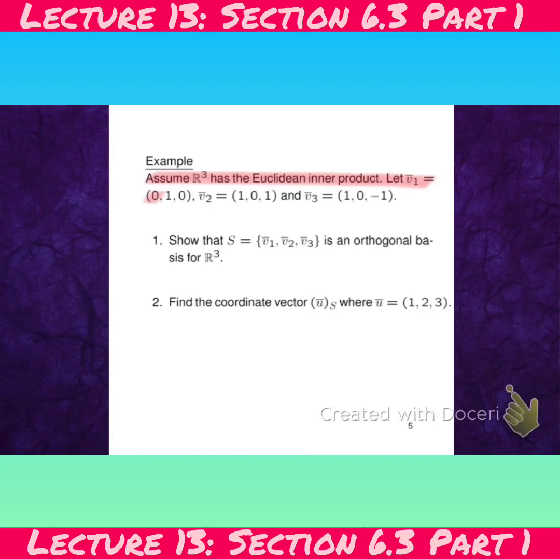We're asked to show that the vectors v1, v2, and v3 in that set form an orthogonal basis for R3, and then in the second part we're asked to find the coordinate vector of u relative to the orthogonal basis S, where u is given as (1, 2, 3). So it's just an application of the theorem that we just proved. The first thing is to show that it's a basis, and that's easy to do.